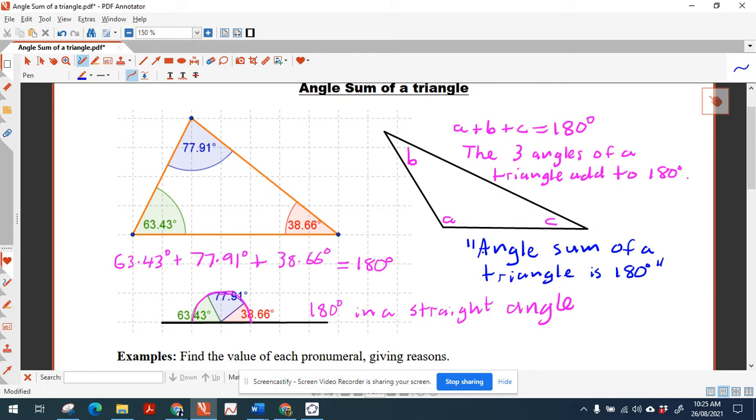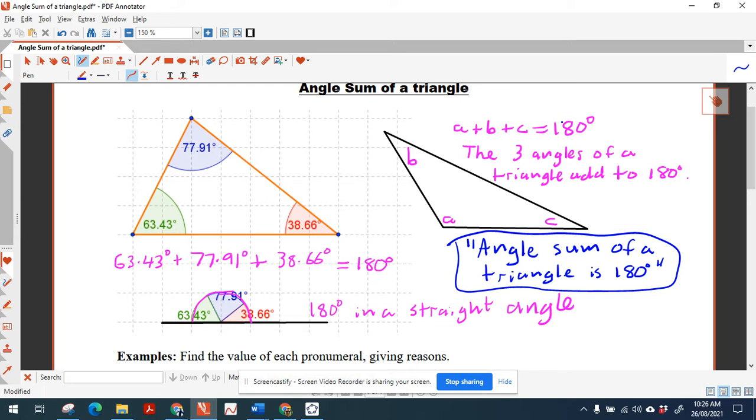Okay, now these are the words that we're going to use in the working out. So the three angles of a triangle add to 180, and we write that down by saying the angle sum of a triangle is 180 degrees. In this particular diagram, we've got the three angles A, B, and C, so we could say that A plus B plus C equals 180 degrees.